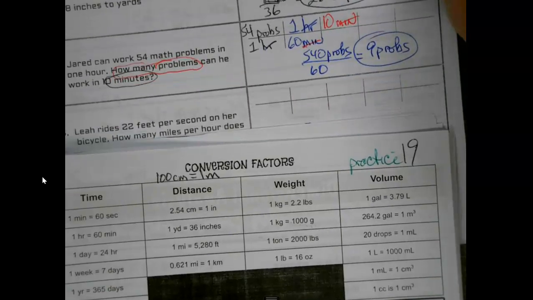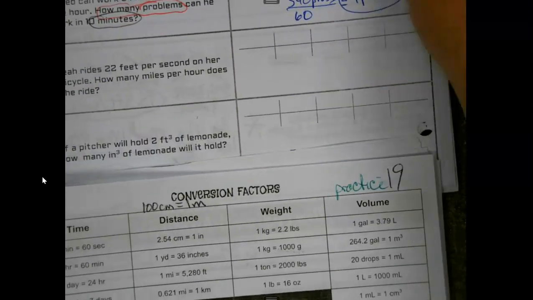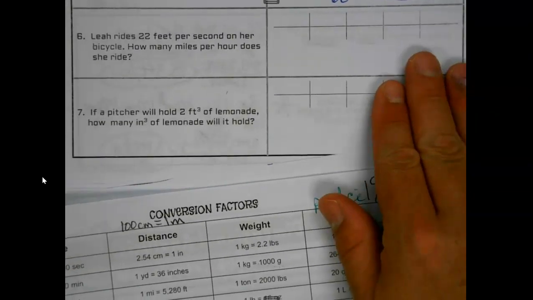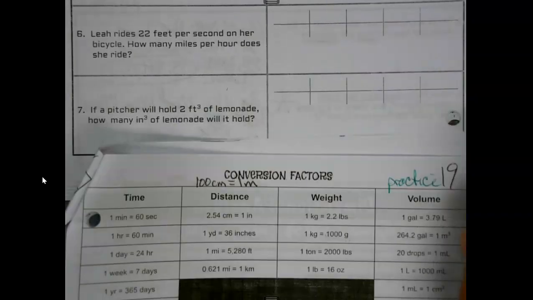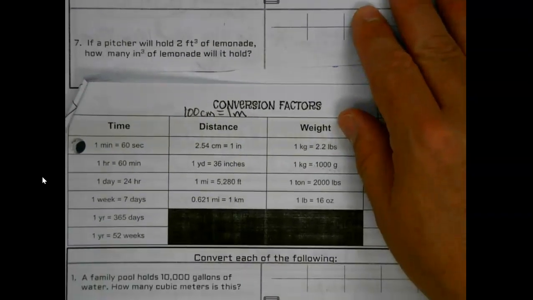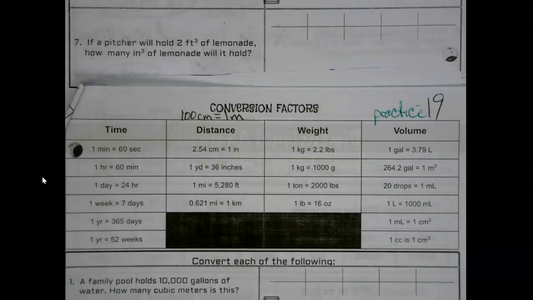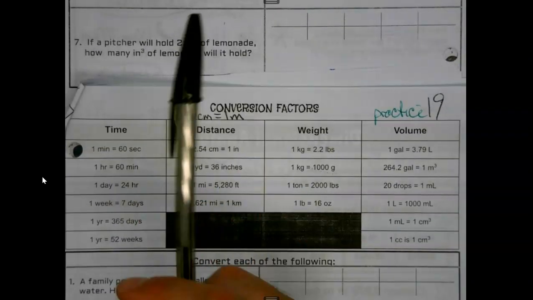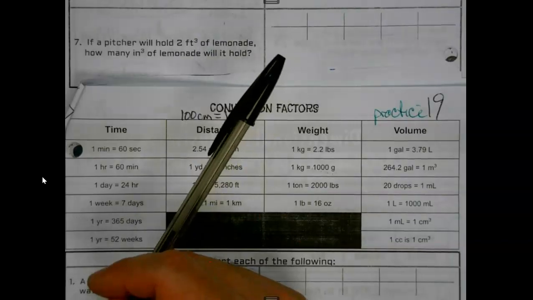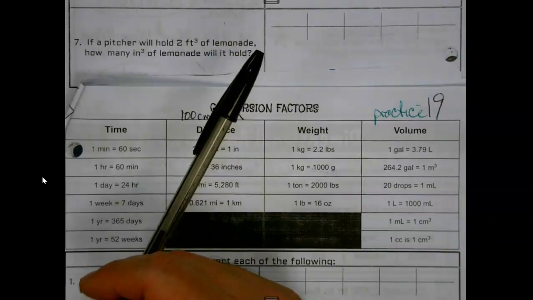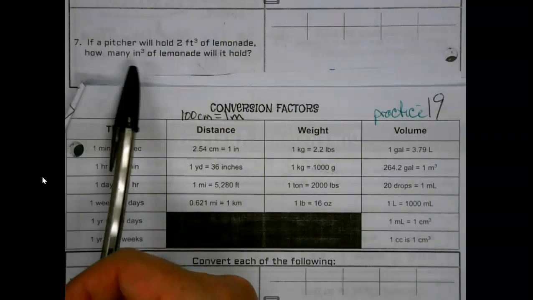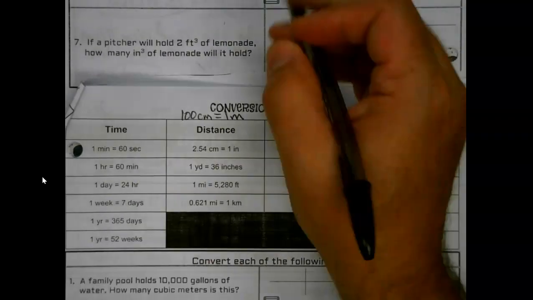And just to make sure we're good on it. Oh, here's this again. All right, one last time with this. Here comes the cubic stuff one more time. So I look at this and I'm like, all right, if a pitcher will hold 2 cubic feet of lemonade, man, that's a big pitcher. How many cubic inches of lemonade will it hold?